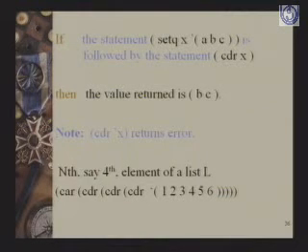In case the argument is not a list, then an error will be returned. For example, on the slide, please look. We are given CDR quote X. Now we know that quote X, when evaluated, returns the symbol X, which is not a list, and hence CDR quote X is an error.